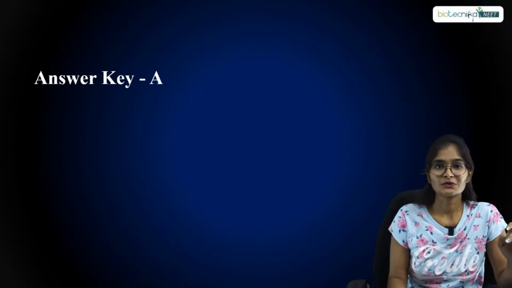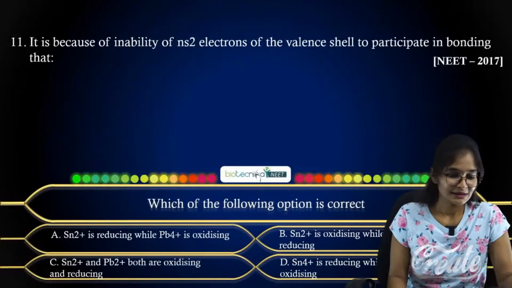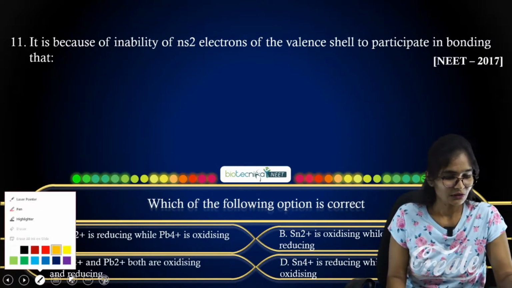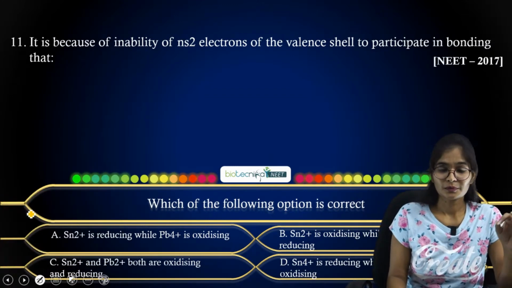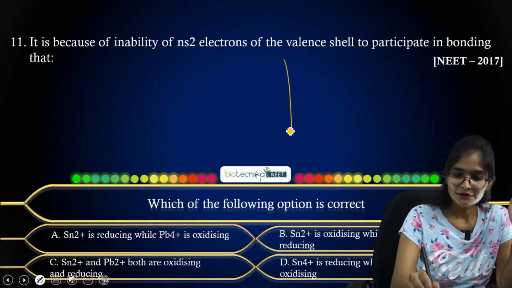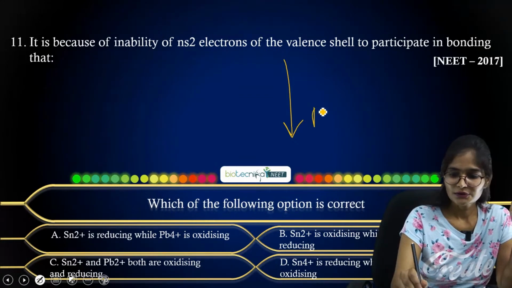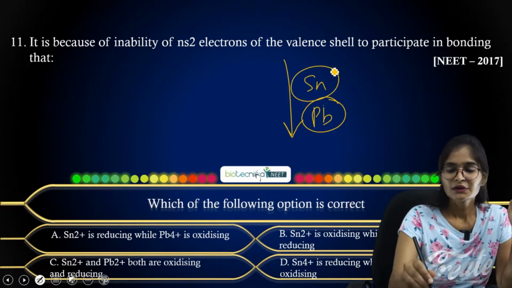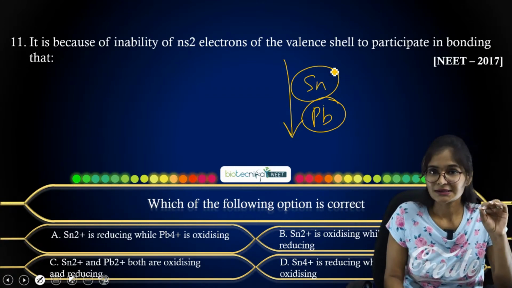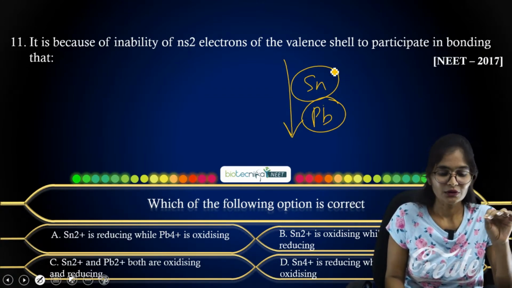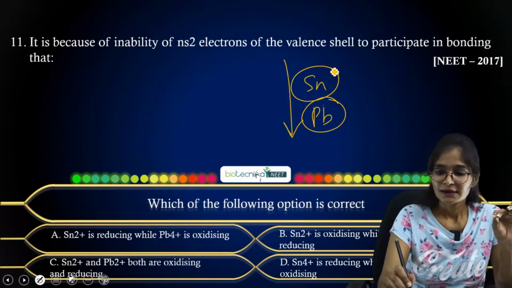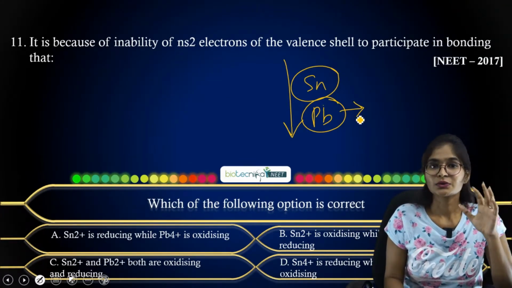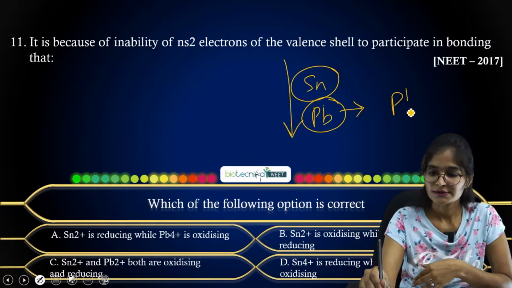The answer is option A: Sn2+ is reducing, and Pb4+ is oxidizing. As we go down the group, lead will be at the last, and here it will be tin. Whenever we consider the oxidizing and reducing nature, lead will always try to stay in the +2 oxidation state.